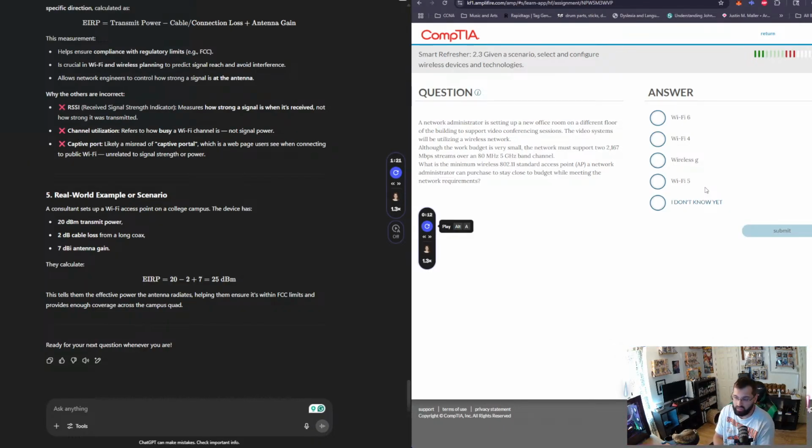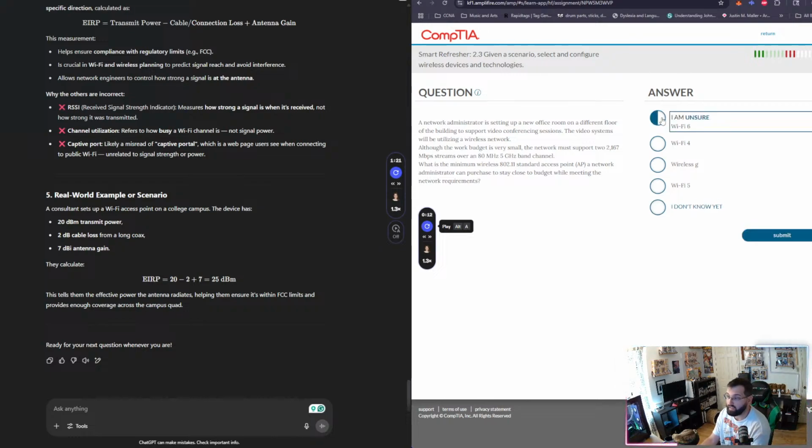So this is a matter of when this question was written. I would believe that Wi-Fi 6 would be the answer as of today, but when the question was written, it's probably Wi-Fi 5. We're going to go with Wi-Fi 6. Okay, it's Wi-Fi 5.